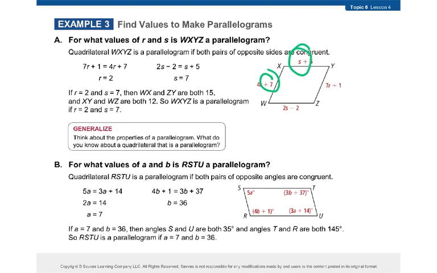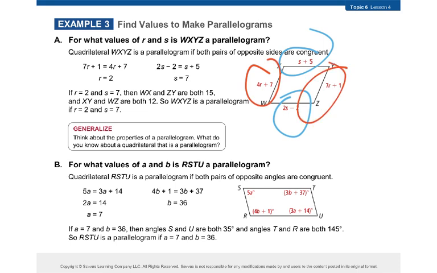One of the properties of a parallelogram is two opposite sides should be congruent. Okay, therefore that's the one that we're going to use, that's our reference. So first, you have to equate the expression 4r plus 7 is equal to 7r plus 1, which is this.